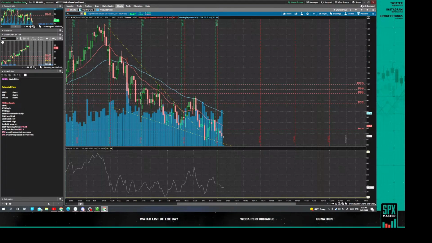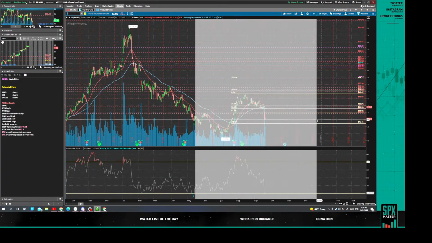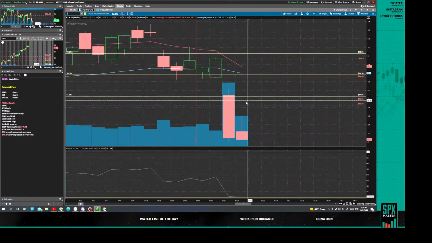Any more suggestions, guys? If not, we're gonna talk a little bit about implied volatility. Somebody threw me F short. Inside candle, a break off of this low.